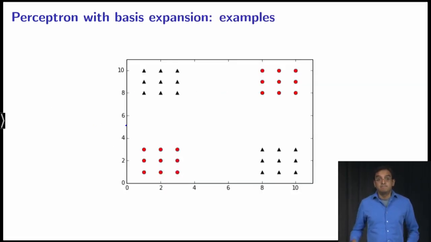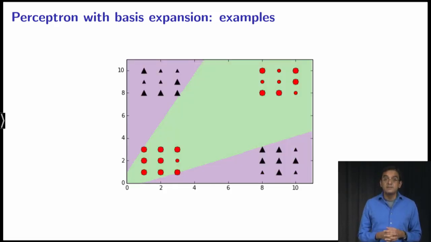Okay, so let's see how it works. Here's a data set that has two classes. We have the black triangles and the red circles. This is clearly not linearly separable. But let's run the perceptron algorithm with basis expansion. This is an algorithm that can learn quadratic decision boundaries. Okay, let's see what it does. This is the boundary it found. It perfectly classifies the data.